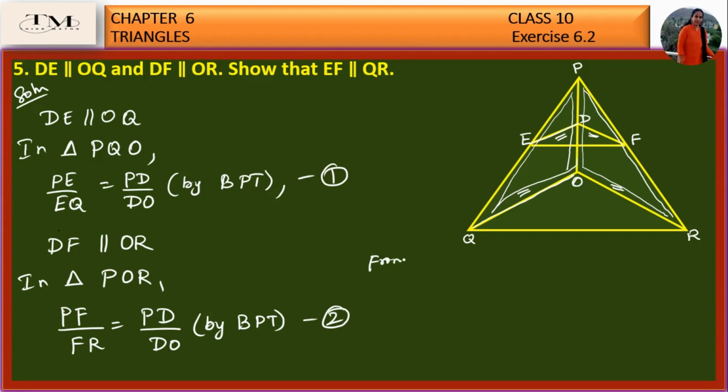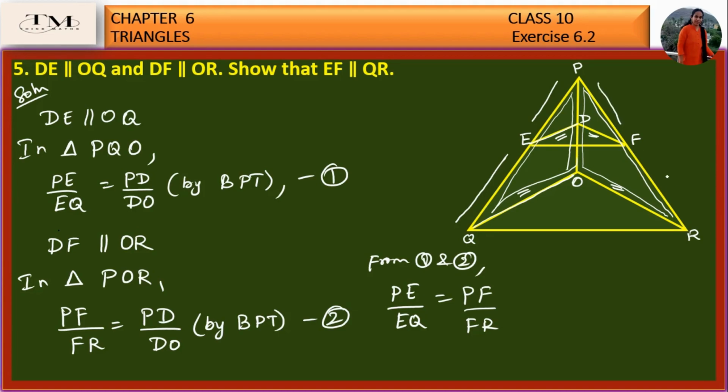So from 1 and 2, PE by EQ will be equal to PF by FR. So this EF is the line dividing PQ and PR.